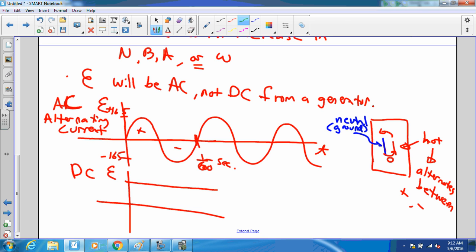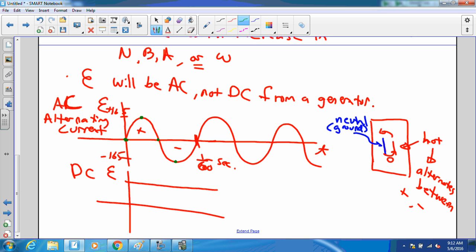Well, I want you to notice one more thing about AC, and that is that because the AC starts at 0, goes up to its maximum at 165, back to 0, back to minus 165, it's a little hard to say what the voltage is at any given instant in time, right? So if you wanted to know how much power am I getting out of this thing right here, you'd need some kind of average.